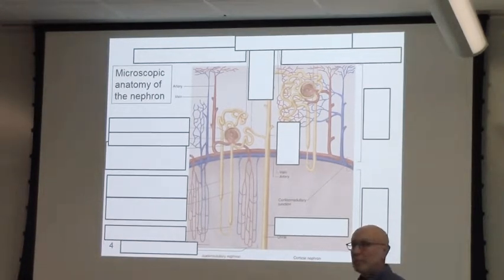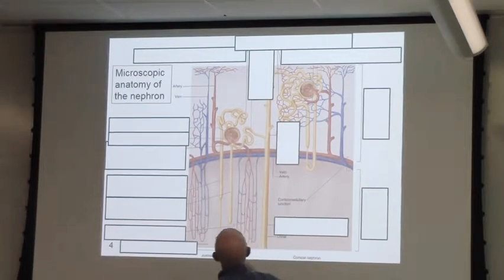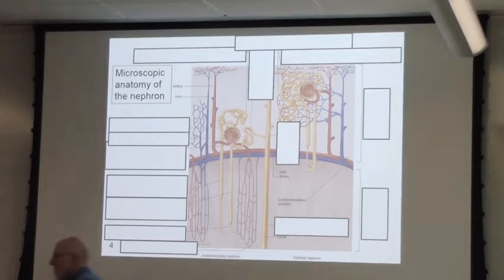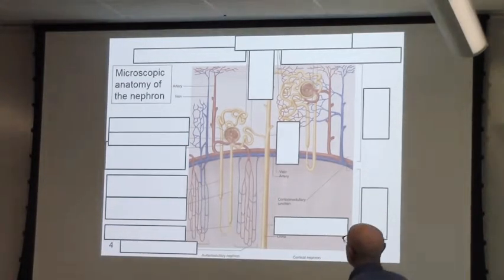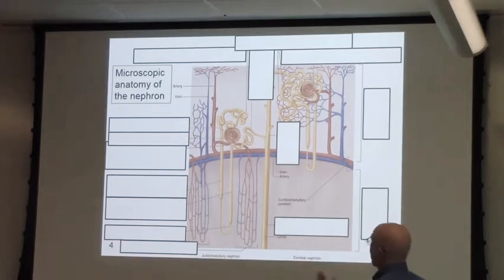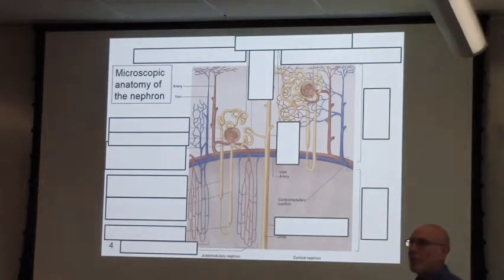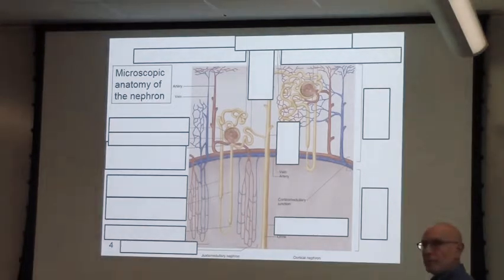Loop of Henle. Let's see if we can figure out which is ascending and descending. To figure that out, you have to try to find the proximal tubule. Okay, proximal tubule, and then descending and ascending limb of the loop of Henle. Vasa recta.